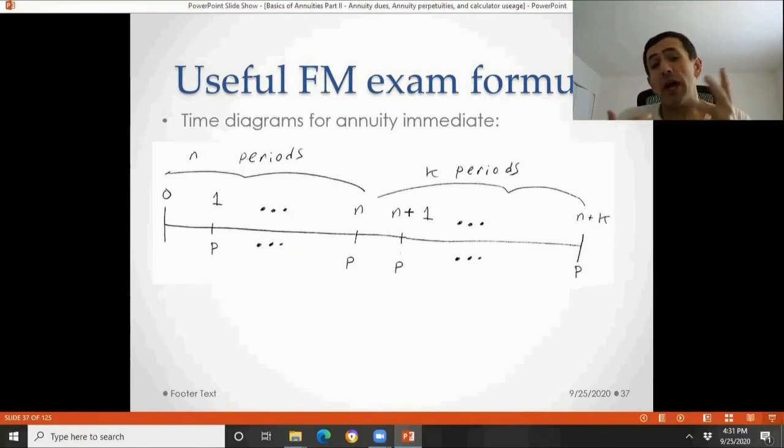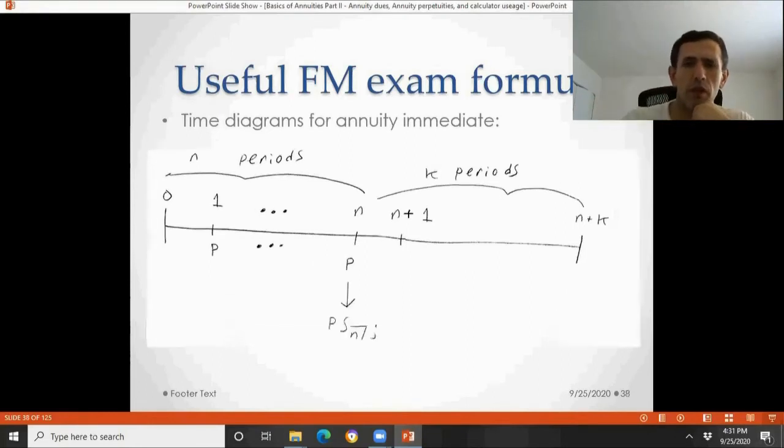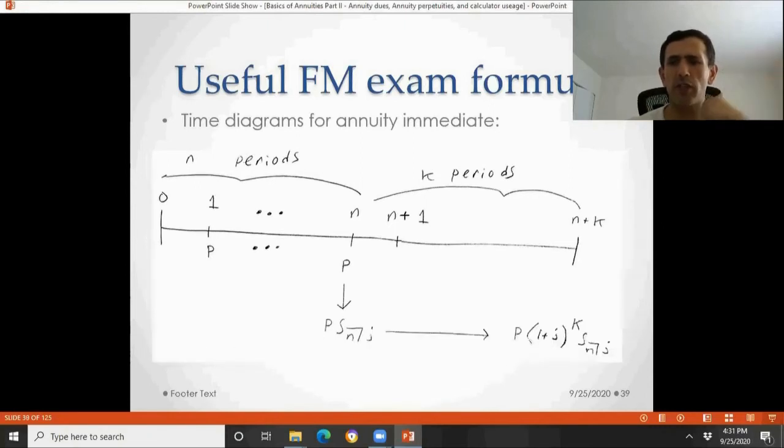Particularly, you have to do that when you have an interest rate change or a payment change. So in particular, the n period annuity has an accumulated value of P s_{n|j}, but that amount accumulates k periods of interest to become P(1+j)^k s_{n|j}. All right, well, what about the k period annuity? Well, really no subtlety there.